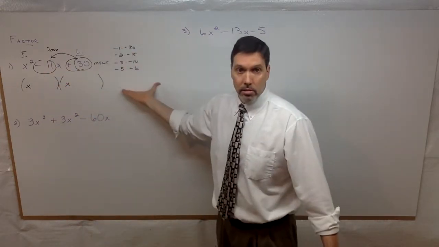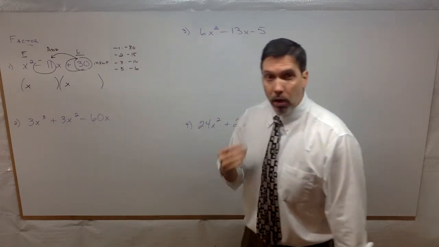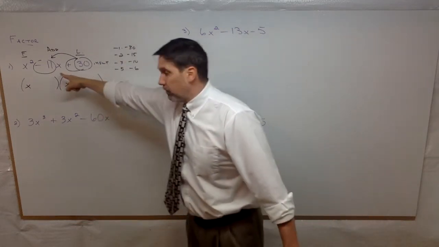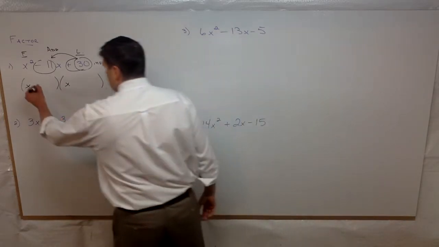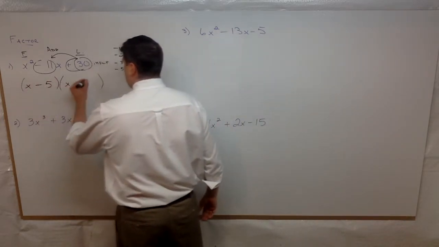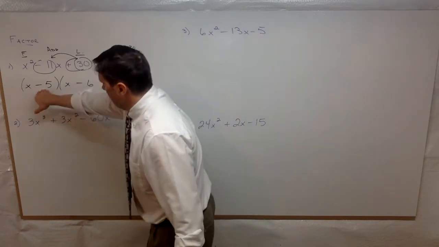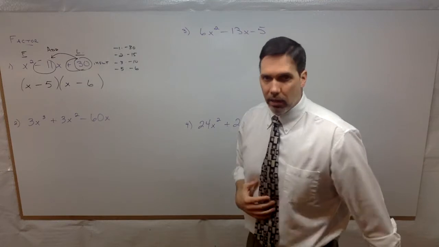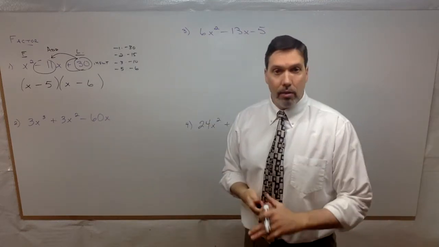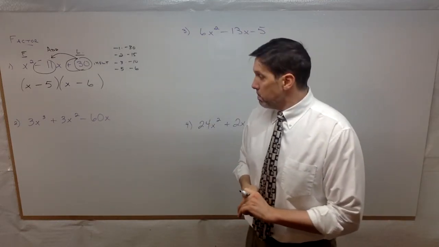These are my only options. So which of these 4 adds up to negative 11? The answer is, well, yeah, negative 5 and negative 6. So negative 5, negative 6, and it wouldn't matter if you wrote negative 6 and a negative 5. It's the same thing, you're just switching the binomials around. So that is how that polynomial factors.